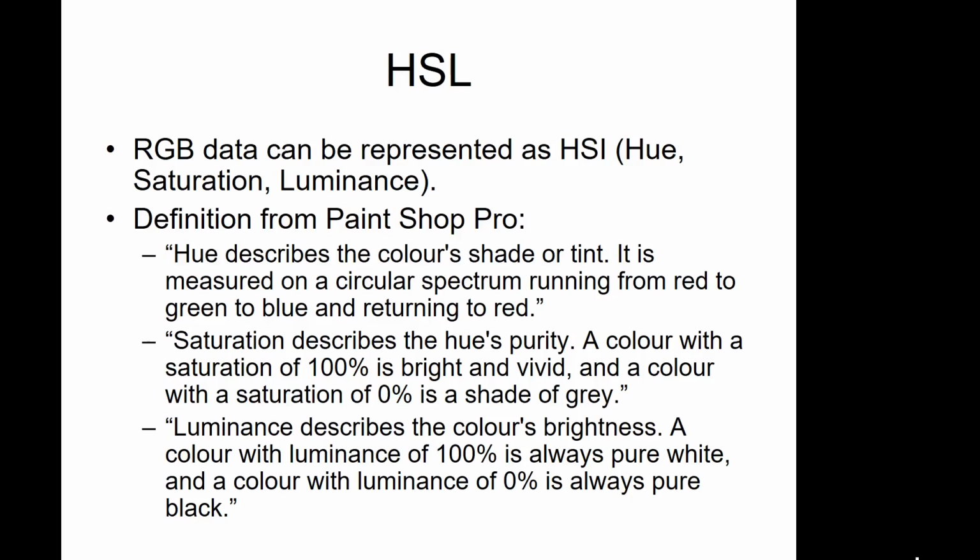We've been discussing RGB as the colour scheme. There is another colour scheme called HSL, hue, saturation and luminance, sometimes called HSI, which is hue, saturation and intensity. It's the same thing.